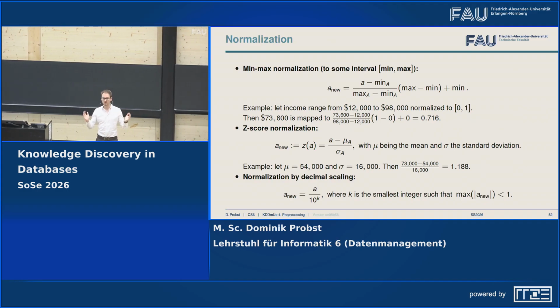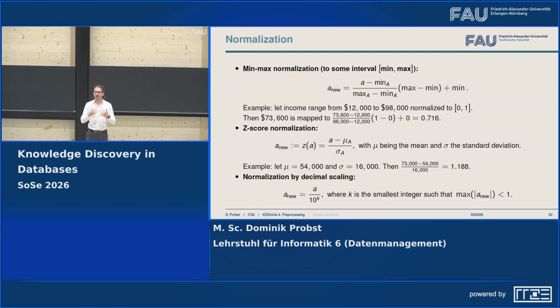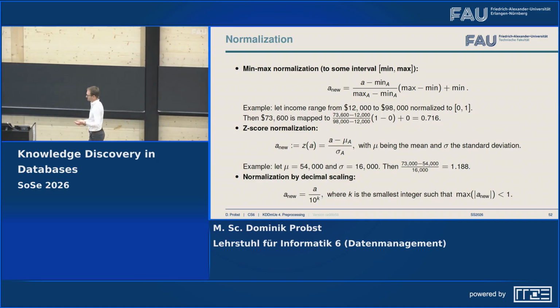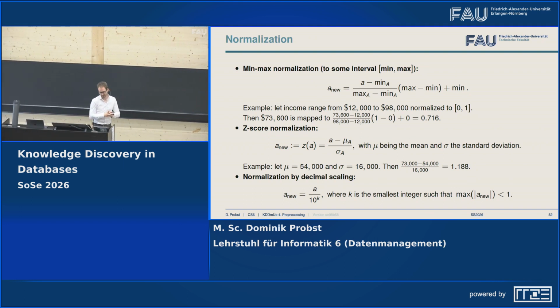We know that we will not have any value above 1 for min-max normalization from 0 to 1. While in z-score normalization, we can't really say which is the maximum value. We only know that the standard deviation of the attribute will be 1. But the highest value might as well be 3, whatever. That might happen.